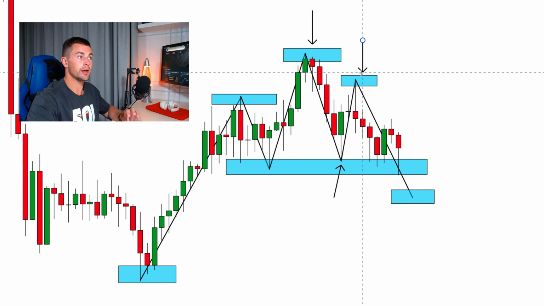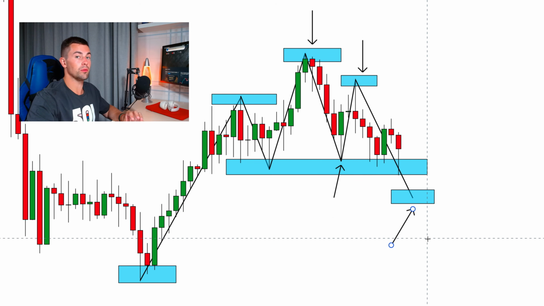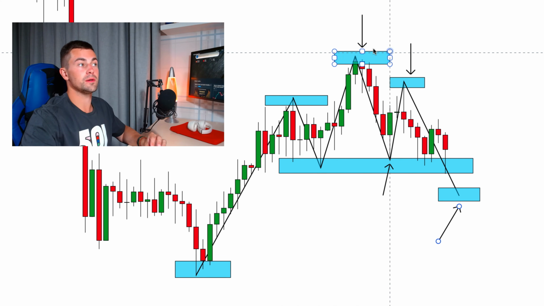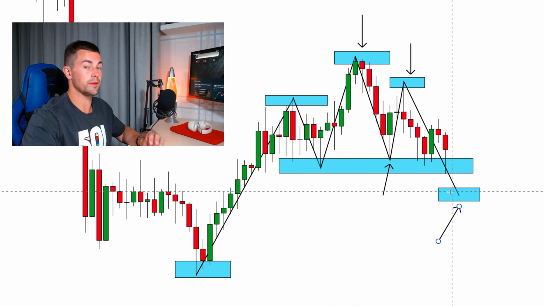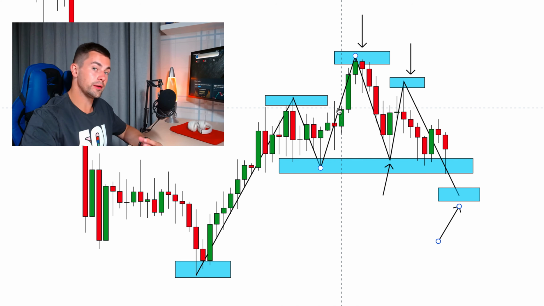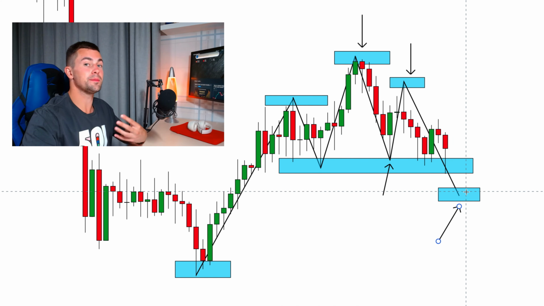Then here we will have the lower high, and here we will have a new lower close. So once we see the price action like that, the market will be bearish to us. With our classic price action rules, it will signify that the market violated a previous bullish trend and it started to trade in a bearish trend.